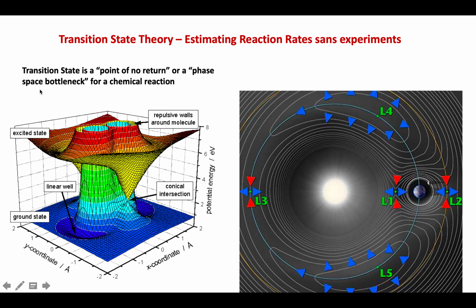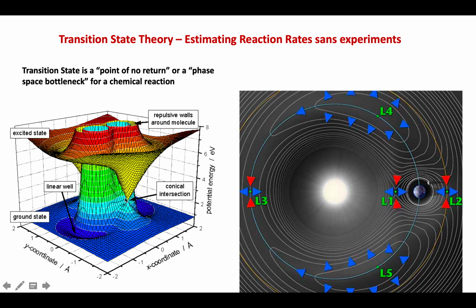And so we looked at the transition state structure, which we defined mathematically as basically a first order saddle point on this potential energy surface, right? So it was a maximum in one direction, and that one direction along which it was a maximum is called the reaction coordinate, and along all other directions it's a minimum.